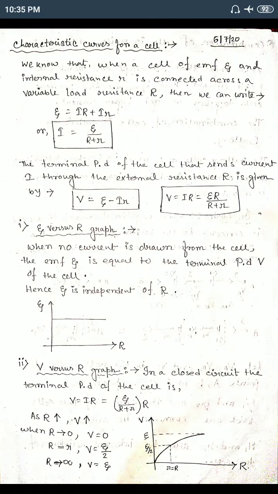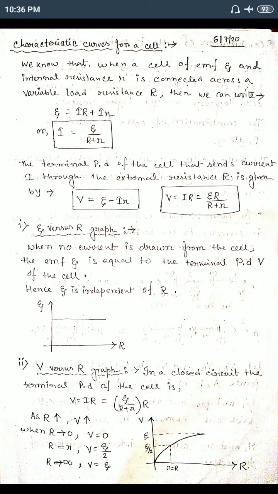Okay. And if we put I equals 0 in the other expression, I equals E by R plus r, we get E equals 0. So it is proof that the terminal potential difference is equal to the EMF when we put I equals 0 in the expression V equals E minus Ir, that is an open circuit.